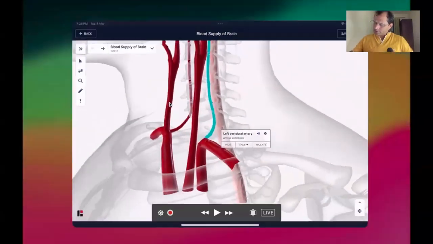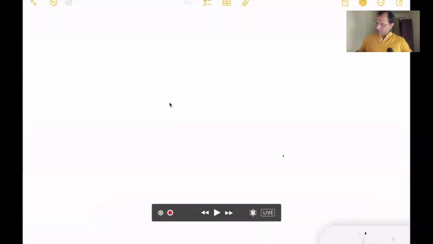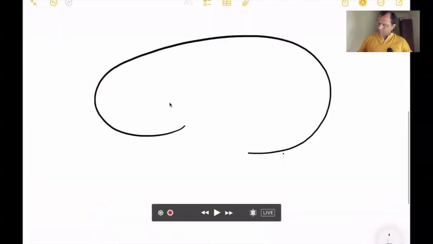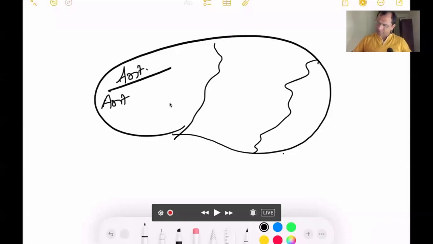So I will summarize here in very simple words. Again, this is the brain. We are dividing it into three parts. The anterior part is supplied by the anterior cerebral artery.